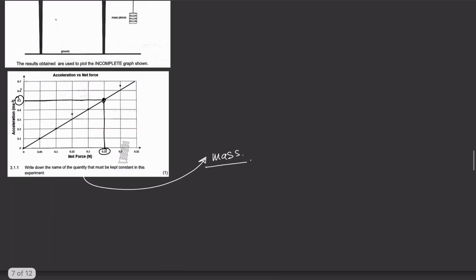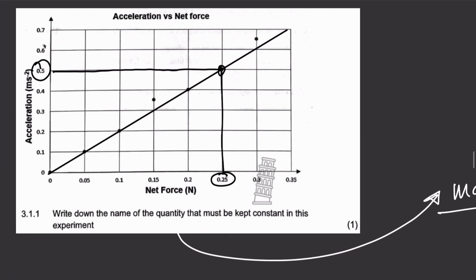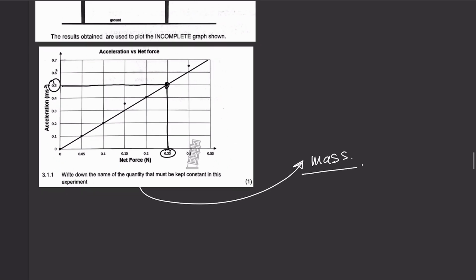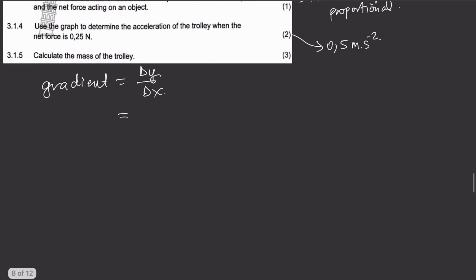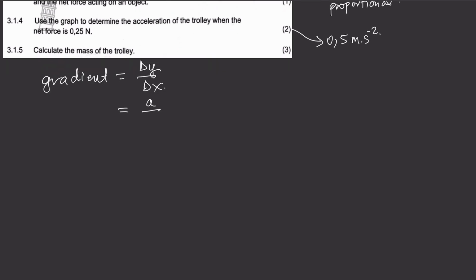All right. Now, since this is a straight line, we can calculate something called the gradient. Okay, let's figure out what the gradient gives us. So the gradient is equal to the change in y divided by the change in x. On my y-axis, I have acceleration. So that's going to be a divided by F net. Now let's look at our equation for Newton's second law. F net equals ma.